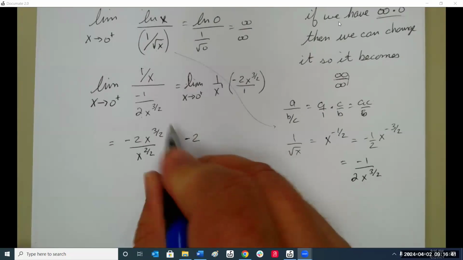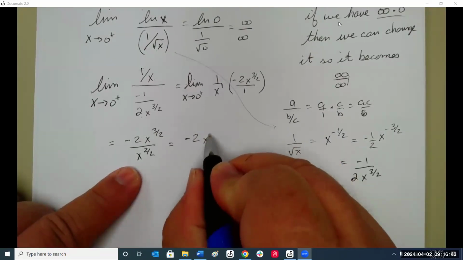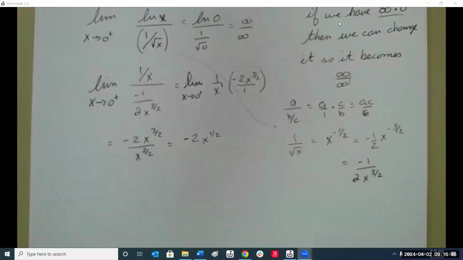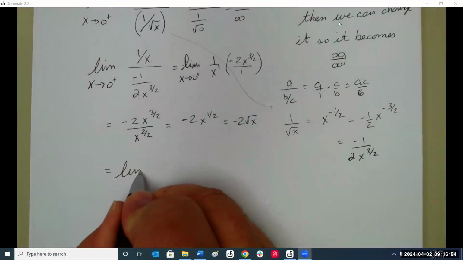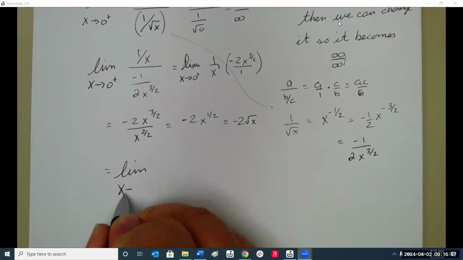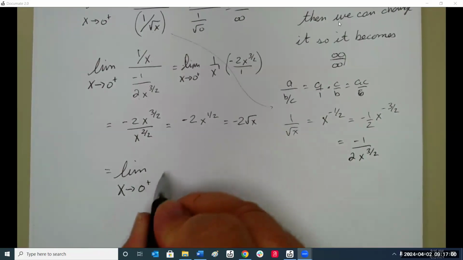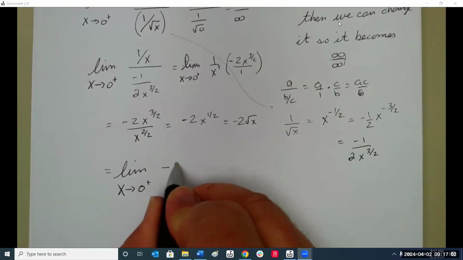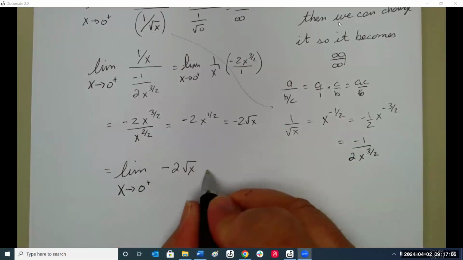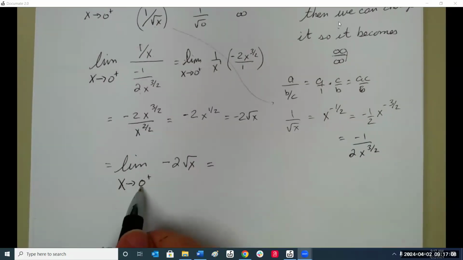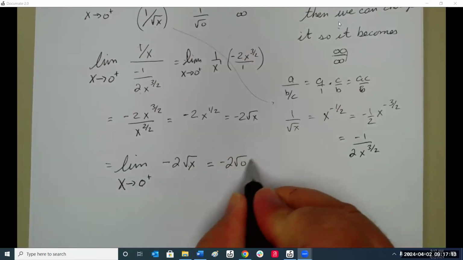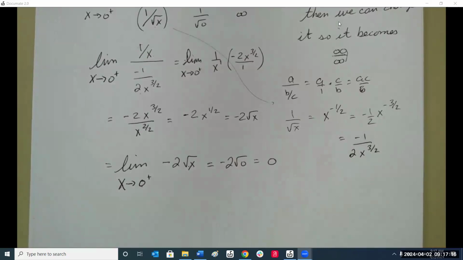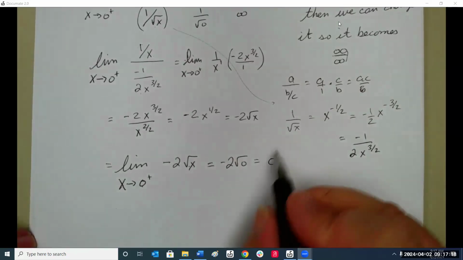Subtract the exponents, so it becomes x to the power 1/2, negative 2 square root of x. So what we're looking at here, as x goes to 0 from the right, we're looking at negative 2 radical x. So it's going to stay negative, but when this goes to 0, there's your answer.